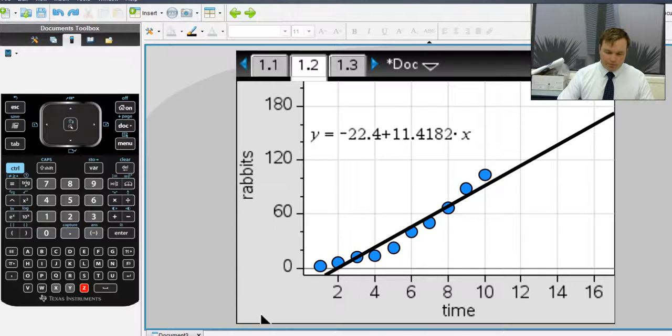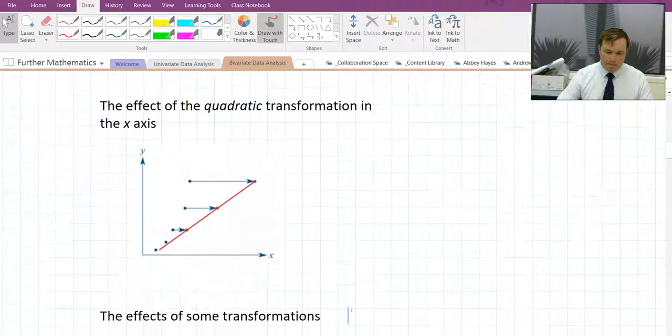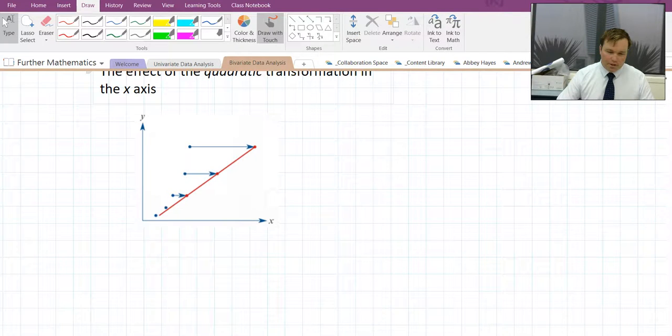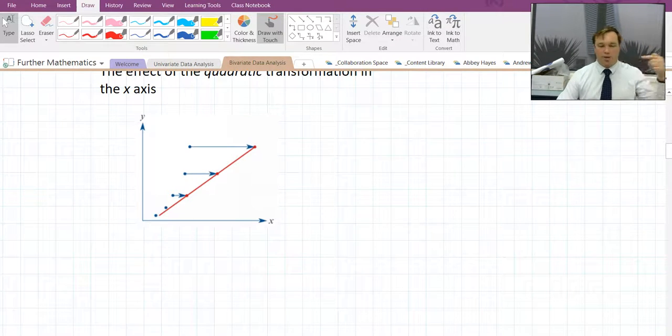Now this is where it gets a little complex. What we're going to do is imagine the curve of our points looks like this. So they're curving up. If we take all of the x values and square them, it has the effect of stretching them out horizontally.